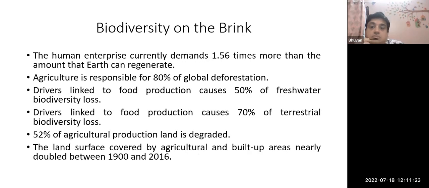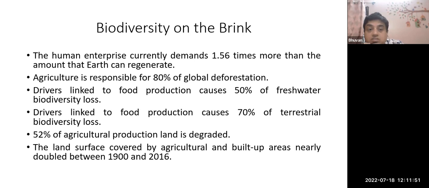As the demand for various resources increases, to satisfy human needs we need more than one earth. At the current rate of consumption of various resources, around 1.56 earths are required to fulfill human demands for resources.